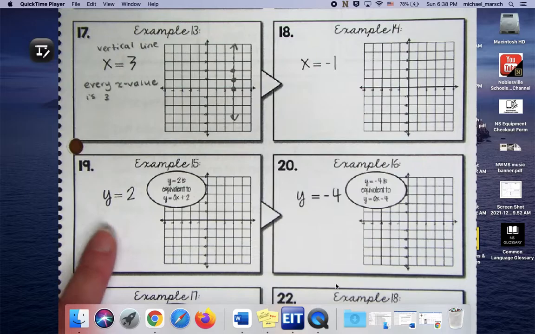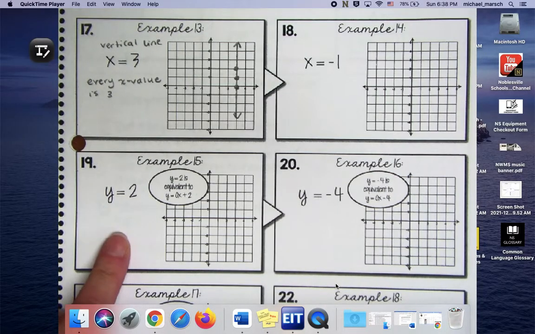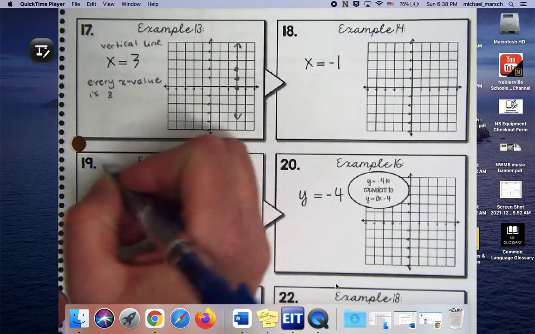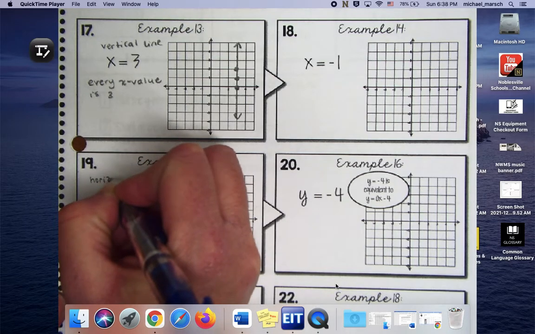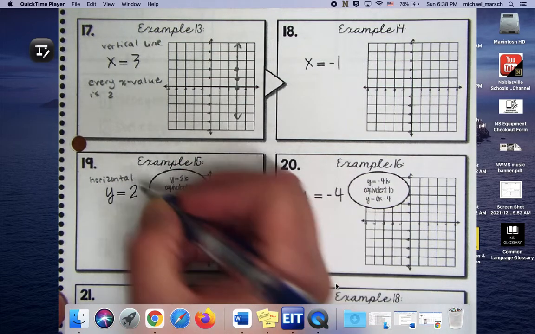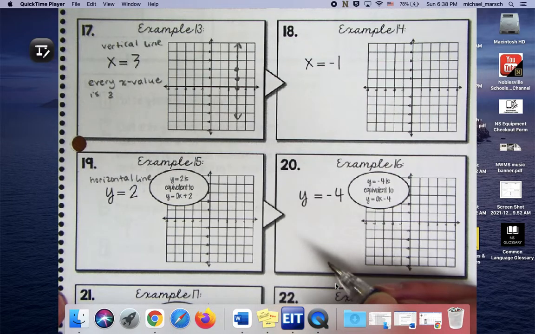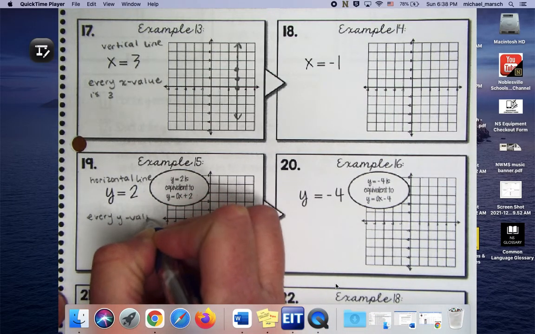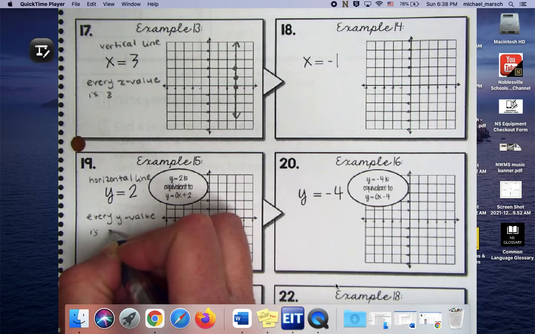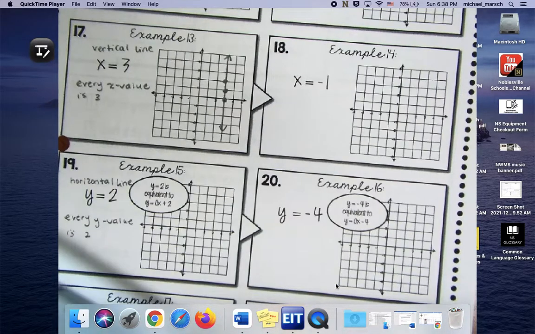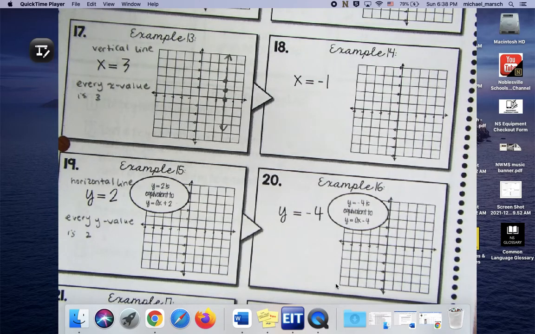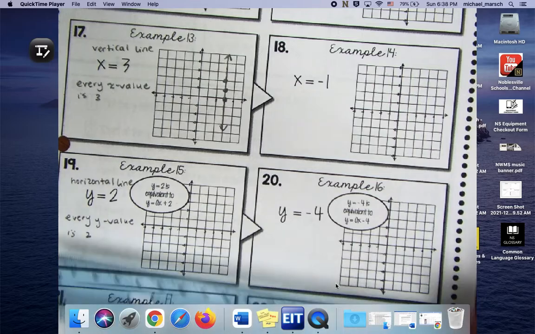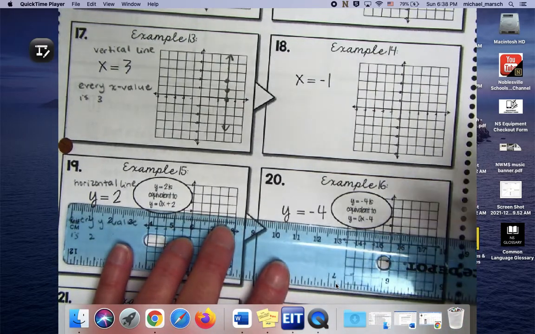If I have a y value, that tells me that this is going to be a horizontal line. Because every y value is a 2. So that tells me that my line is going to go right here through this thought bubble.